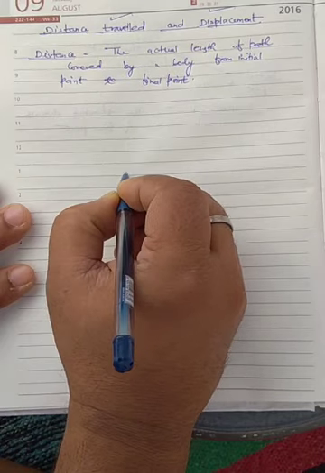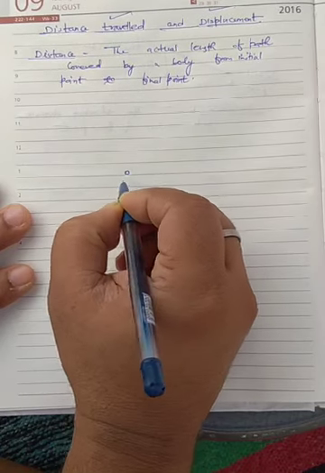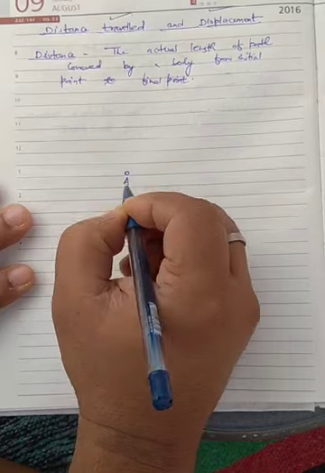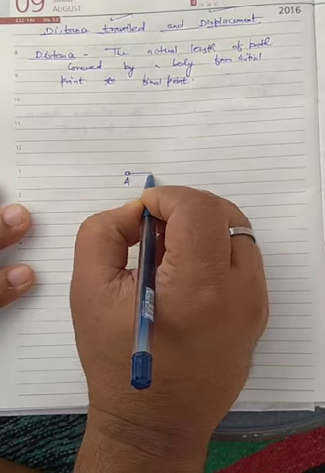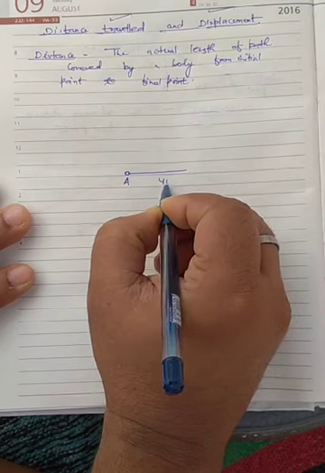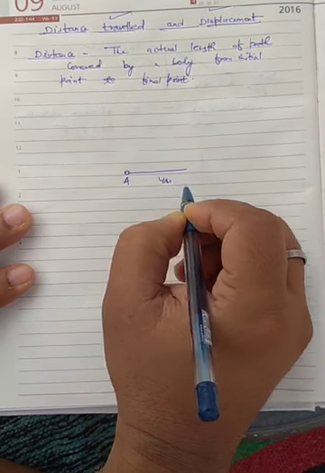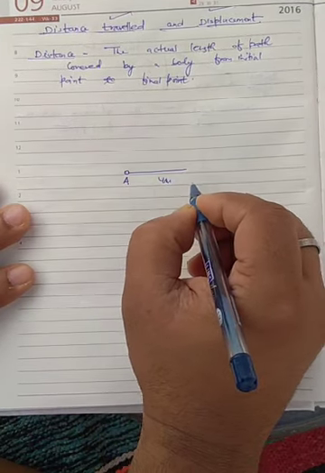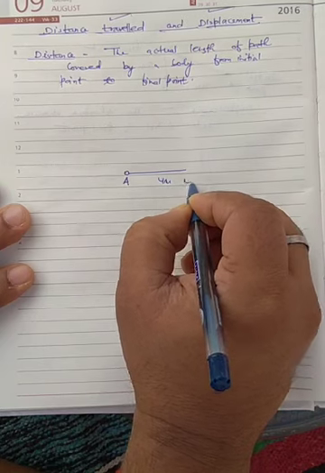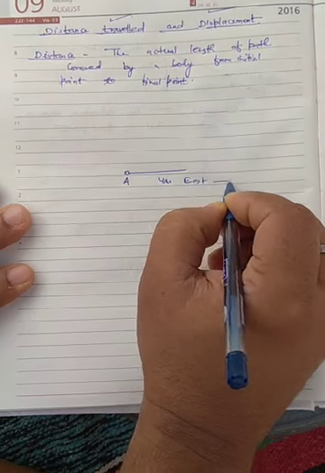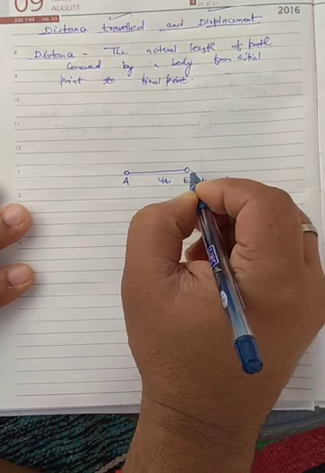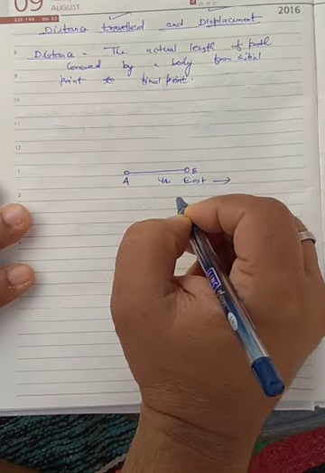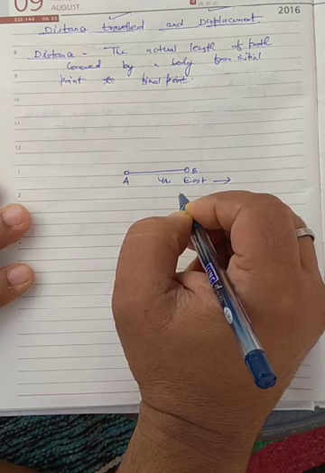suppose that a body is at A and this body covers a distance of 4 meter towards the east direction, reaching point B. But this B is not the final point.